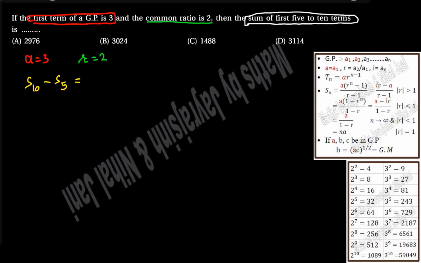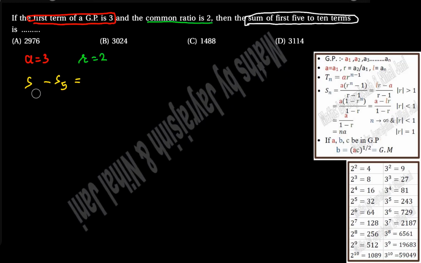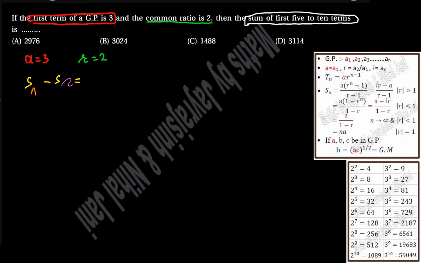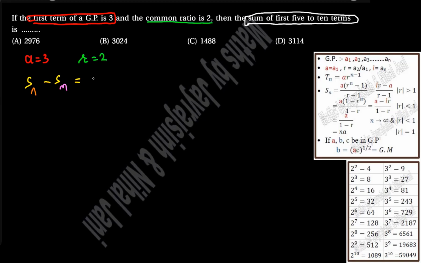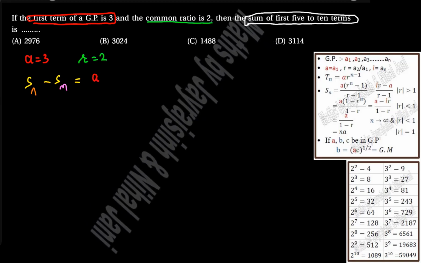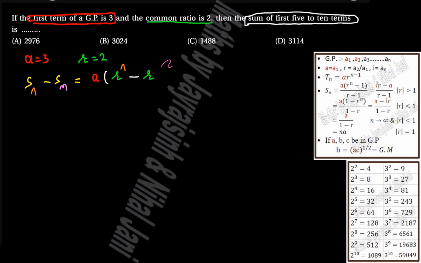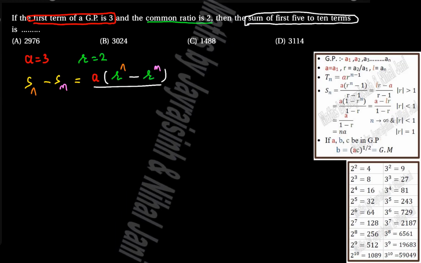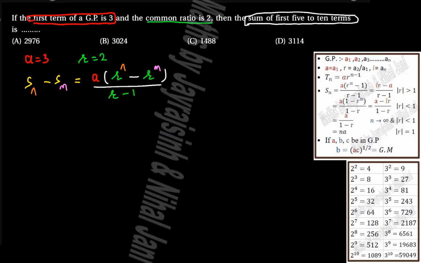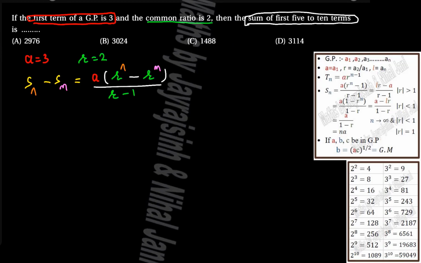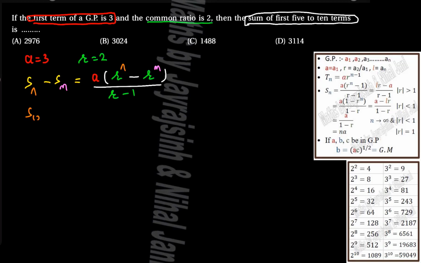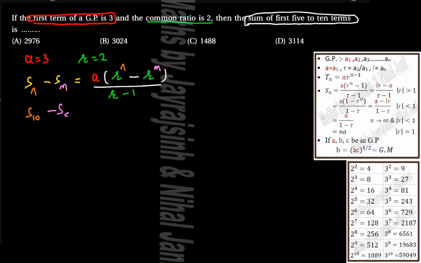Here we have one shortcut: if we have to find Sn minus Sm, then we can use A into R raised to n minus R raised to m upon R minus 1.